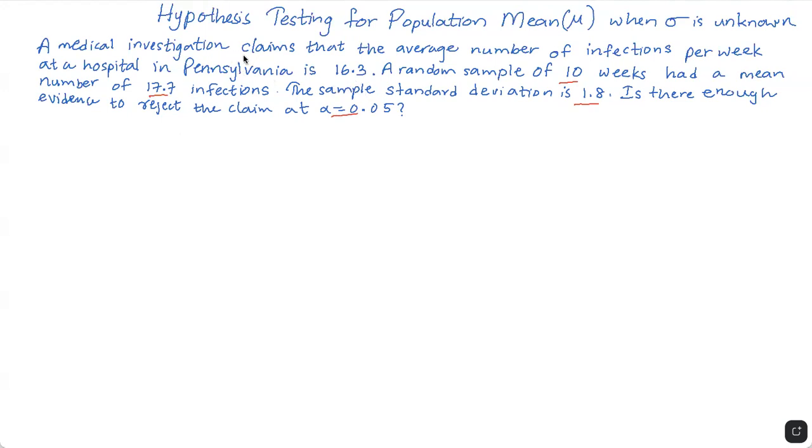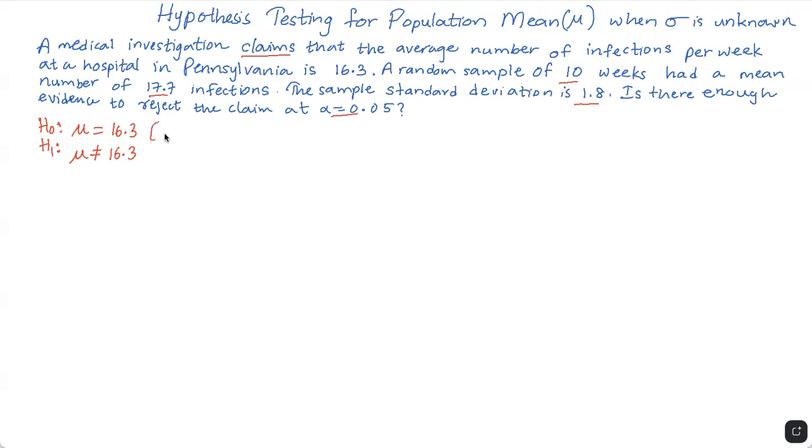As you can see, here is the claim. The claim is that the average number of infections per week at a hospital in Pennsylvania is 16.3. When you write down the null and the alternative hypotheses, the population mean equals 16.3 is the null, and the alternative in this case is not equal, because the claim is that the average number of infections is 16.3.